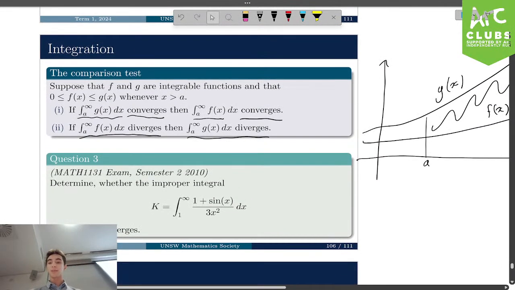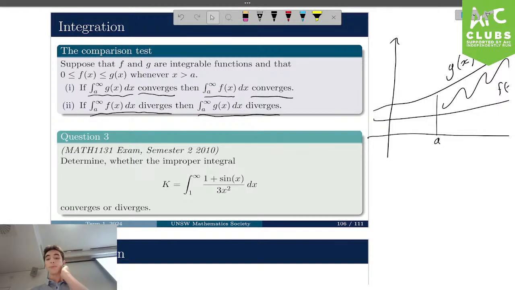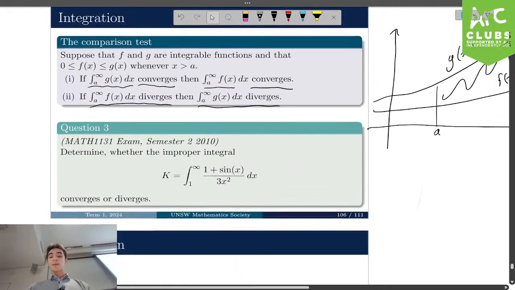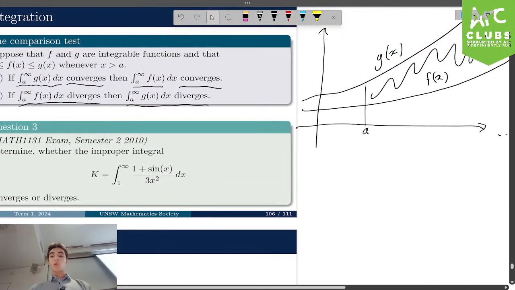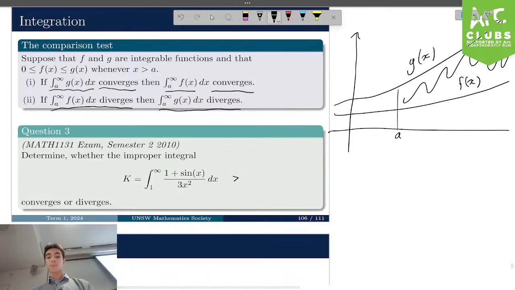And let's apply this comparison test to a question. Determine whether the improper integral k, which is from 1 to infinity of 1 plus sine of x over 3x squared, converges or diverges. All right? The idea here is that we're going to find a function that is larger than this function that we're integrating.